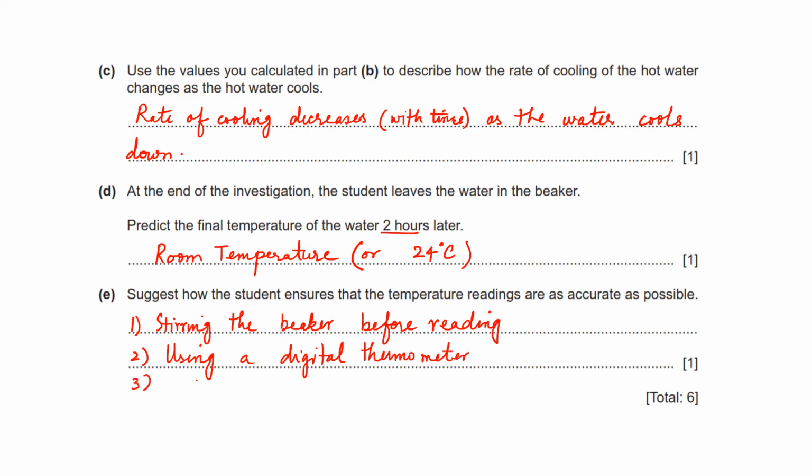Also, avoid parallax error while measurement from thermometer you're using, so make sure your eye is 90-degree with the scale.